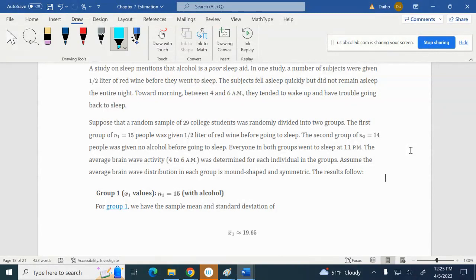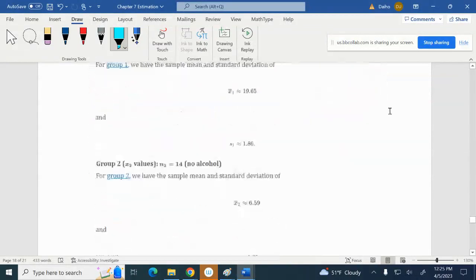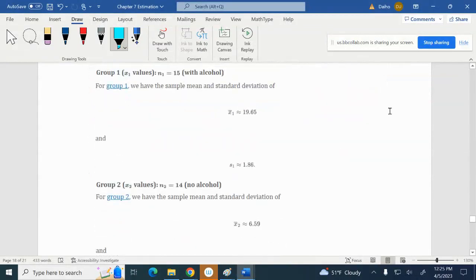So here is the group of 15 with alcohol, and the sample mean is 19.65. Can you copy the statistics, because I need them on the next page. Please copy the sample size 15, the sample mean 19.65 and the standard deviation 1.86.